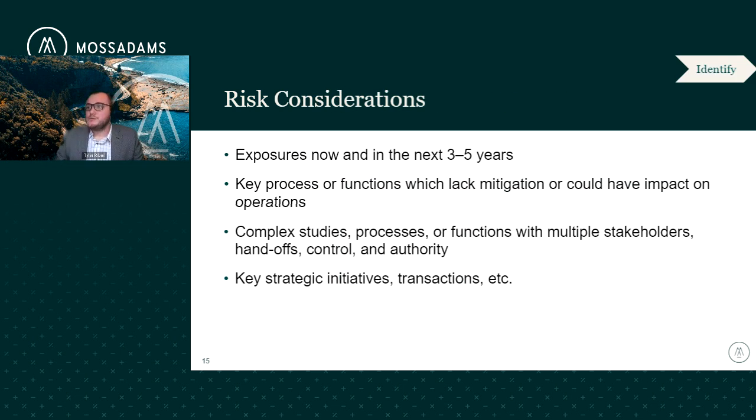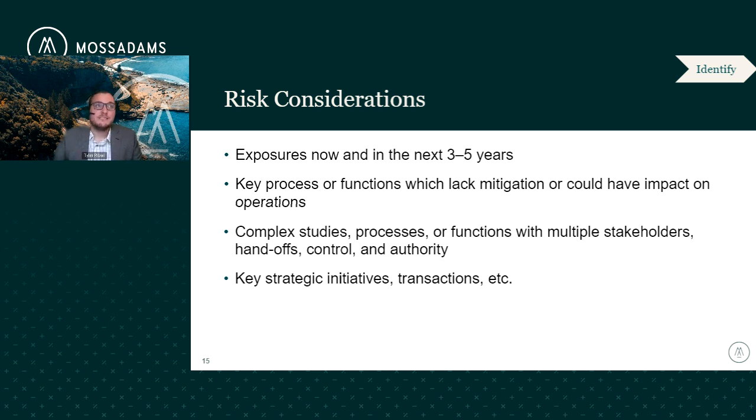We also want to look at the risk considerations. As we've mentioned previously, exposure and risk is something that occurs on a continuous basis. And so what you're doing now is going to be very different than what you want to do in 3 to 5 years. But it is also very important to make sure you're monitoring those emerging risks that could potentially come up.